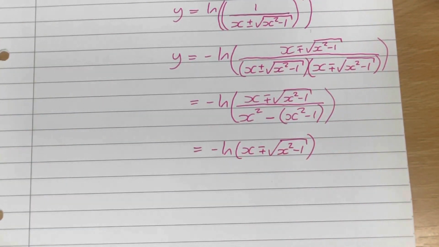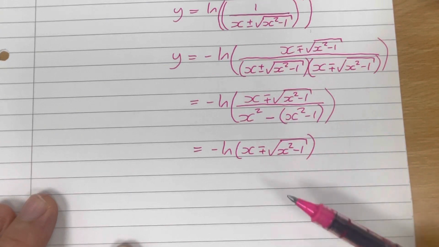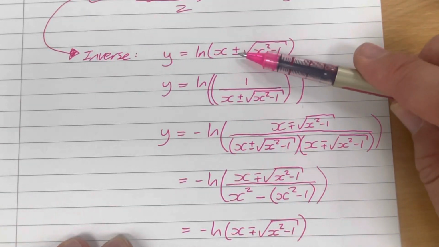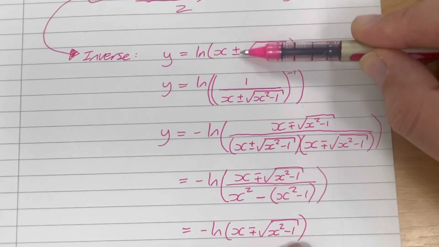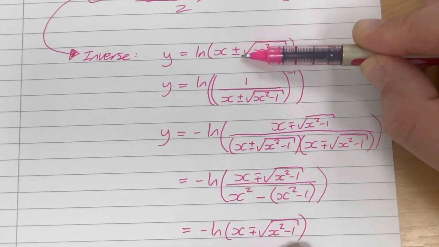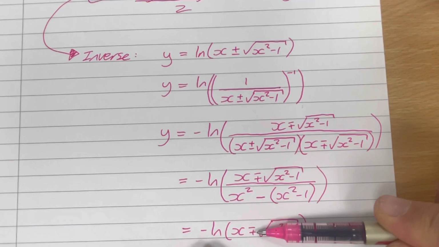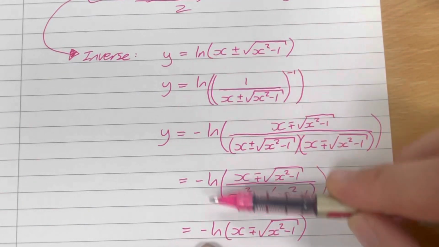So what have I done there? What have I shown? Let's look at where I started and where I finished. Changing the signs, if I change this plus to a minus, and that minus to a plus, then all I've done is I've timesed the log by -1.